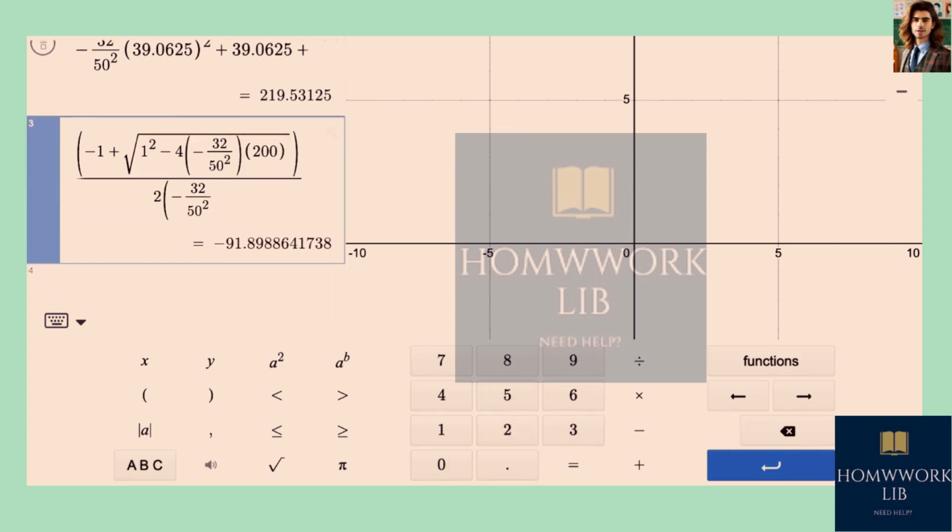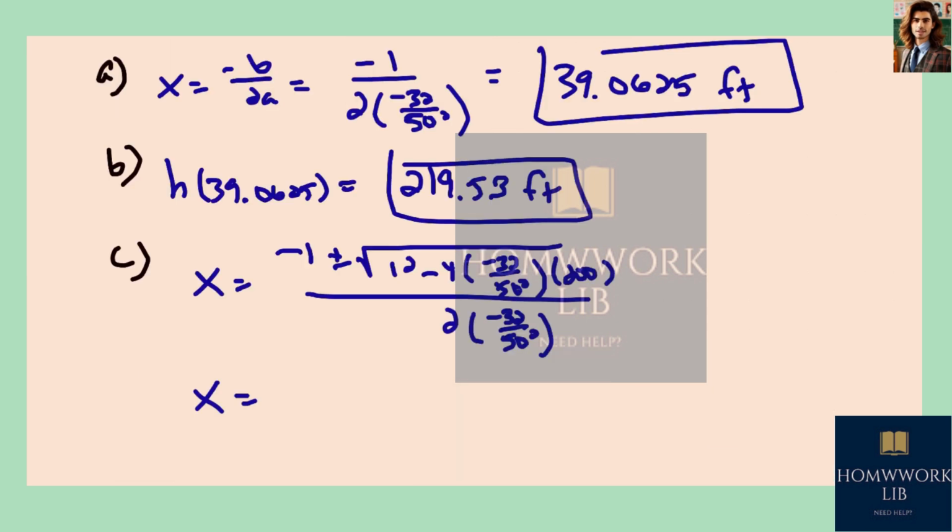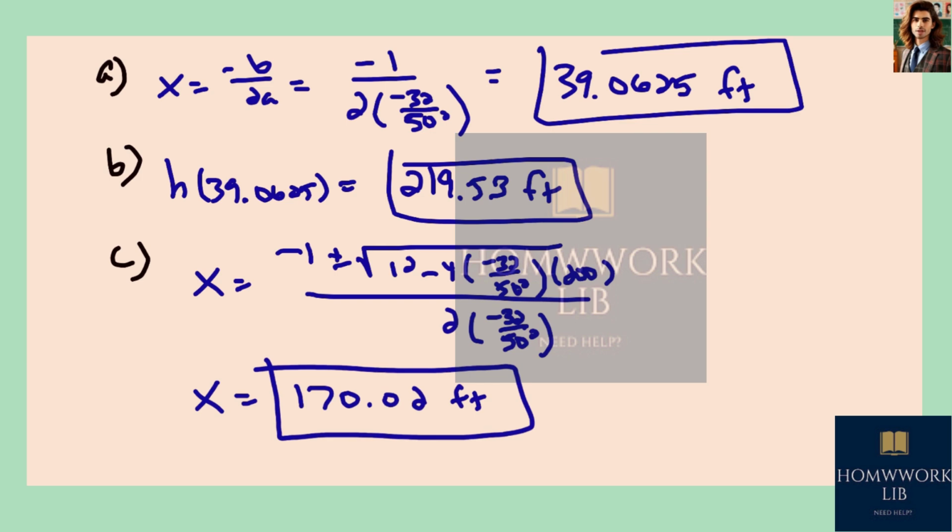We get a negative 91.9, which wouldn't make sense with the situation, but when we do the negative version, we get 170.02 from the cliff that it's going to hit the water.